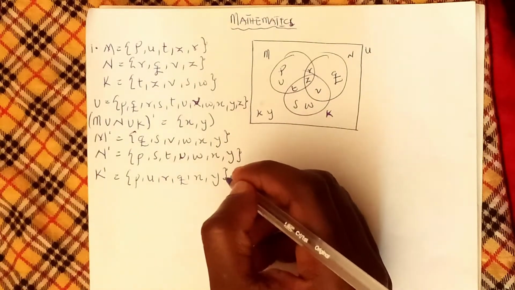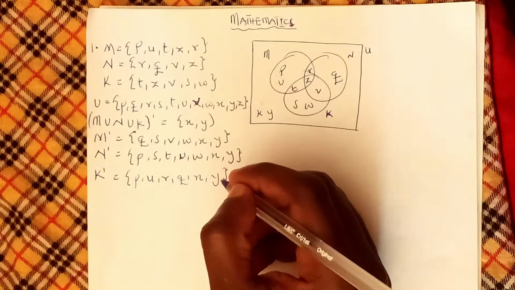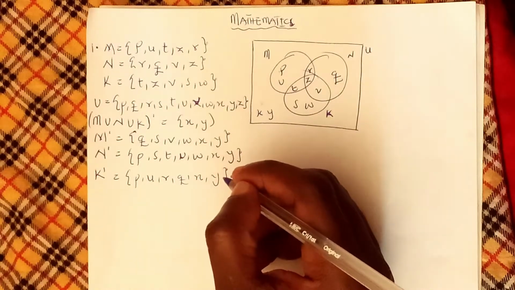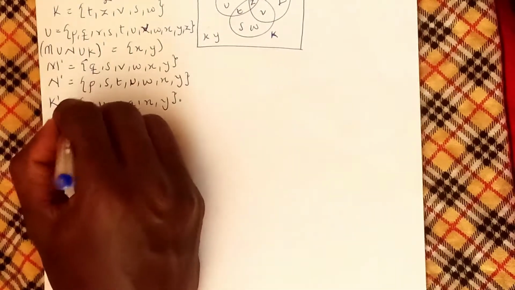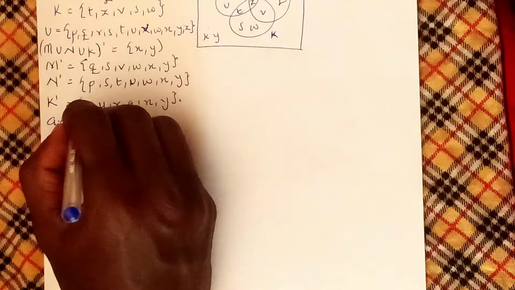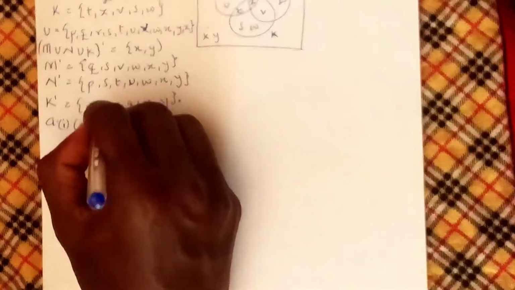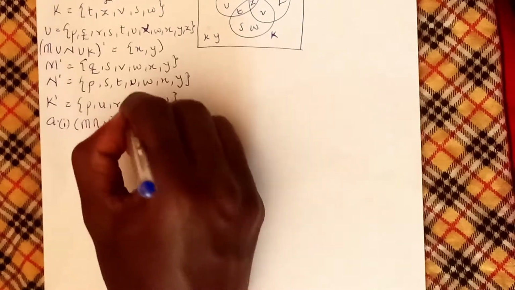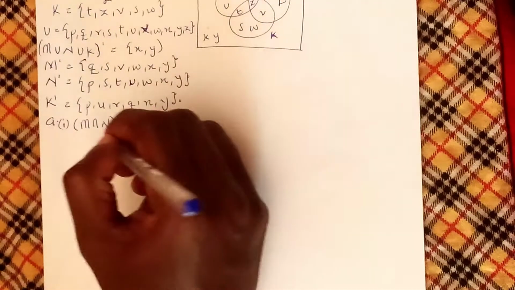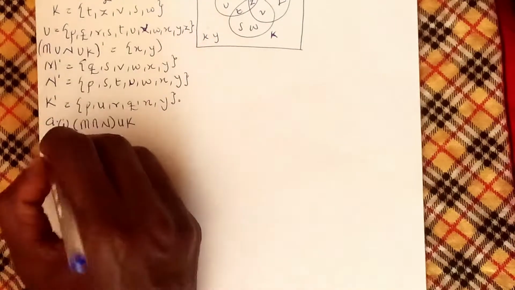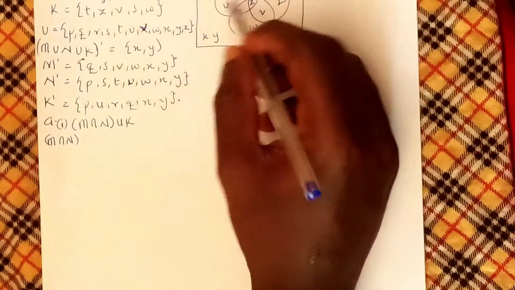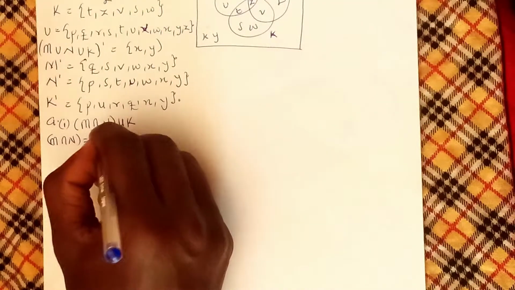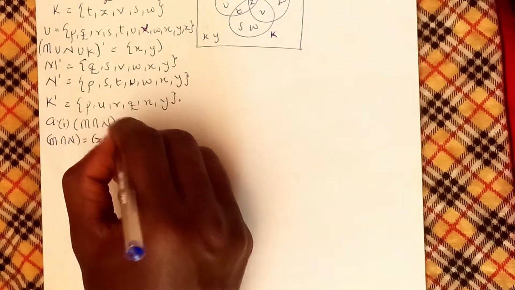With this, we can start with the solving of the questions one by one. So let's start from A. We have one. We have to find the members of M intersection N union K. Whereas we have M intersection N. To be M intersection N, we have R and Z. So we write it.